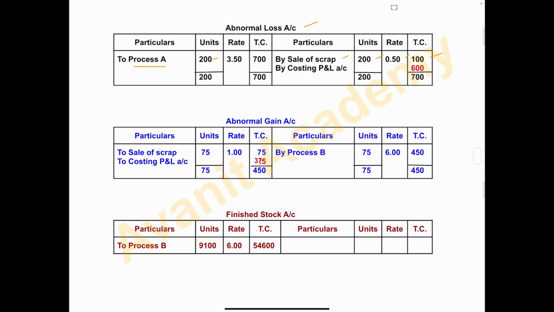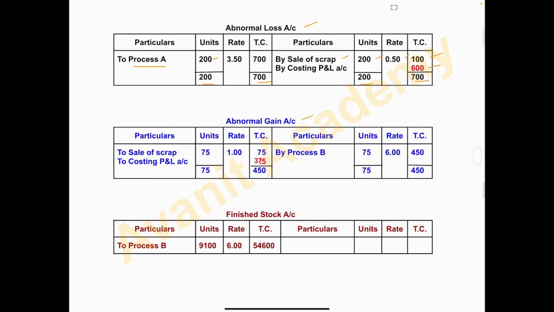So now we close this debit side, quantity 200, total cost 700. Same amount we will write in credit side, units 200 and total cost 700. From the 700 minus 100 you will get the difference amount 600. So write this by costing profit and loss account.